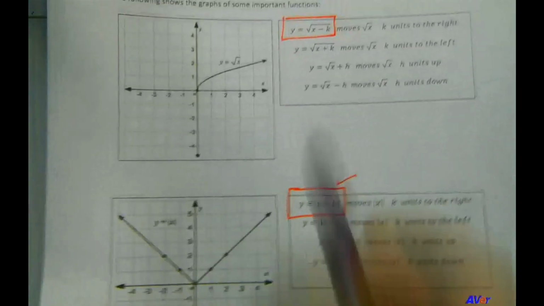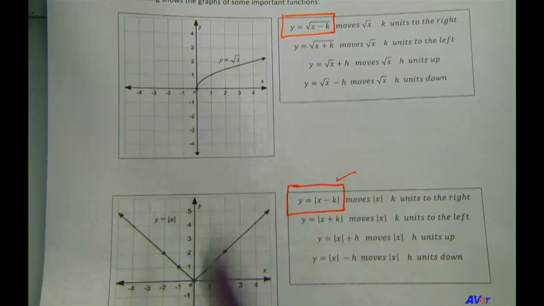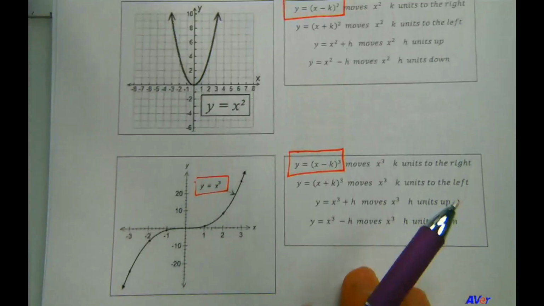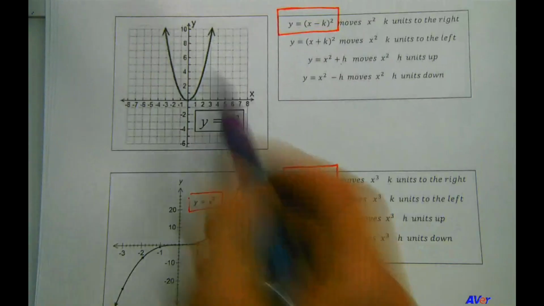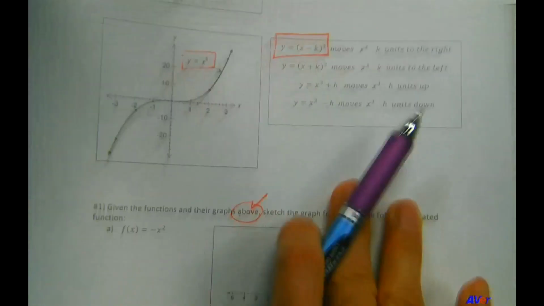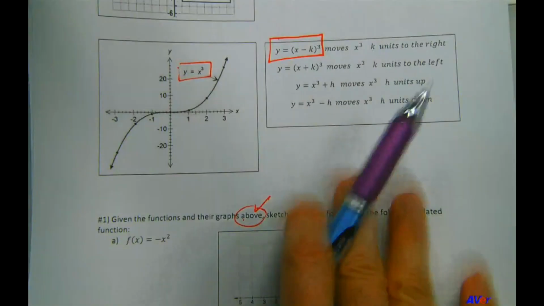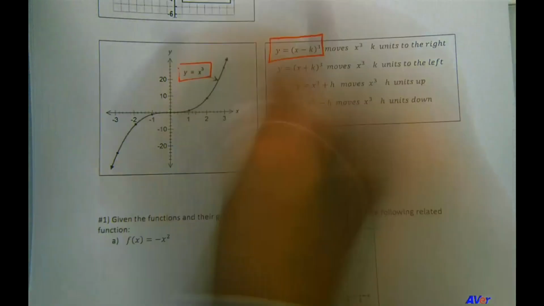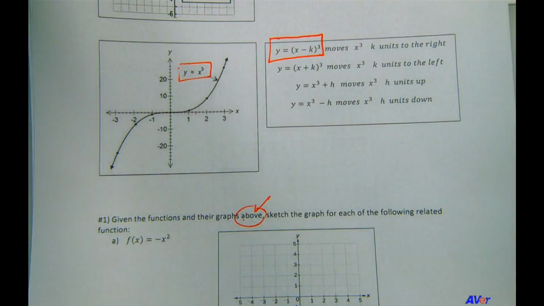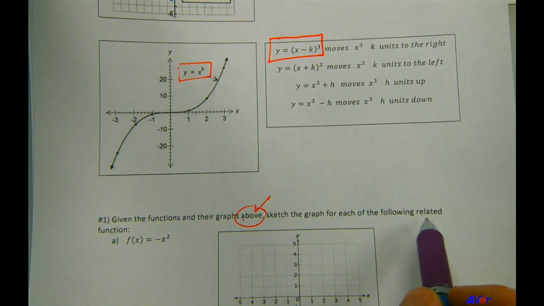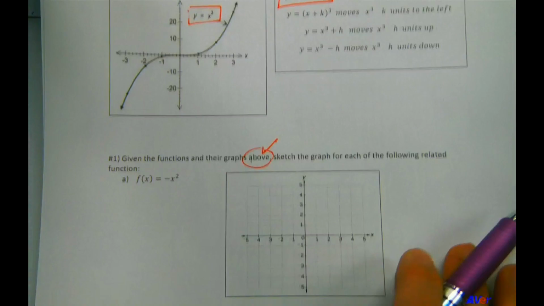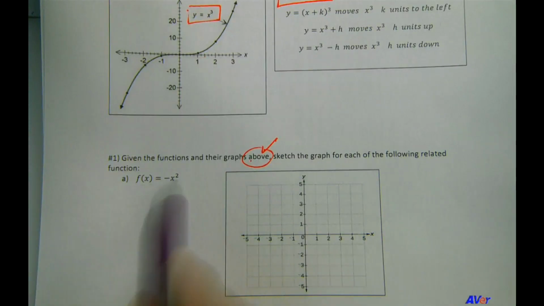So given these functions and their graphs, and the quadratic function and its graph, and the cubic function and its graph, given the above functions and graphs, sketch the graph for each of the following related functions. Okay, so in this case, we have f of x equals minus x squared.